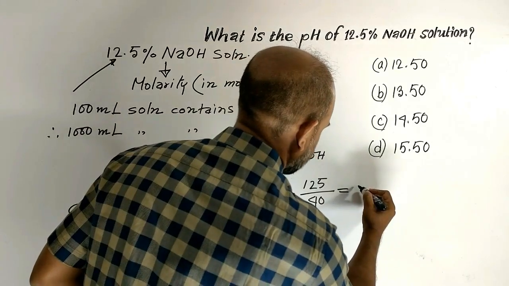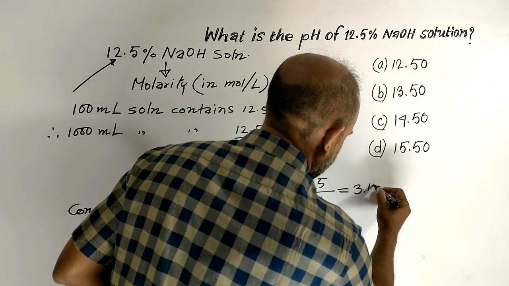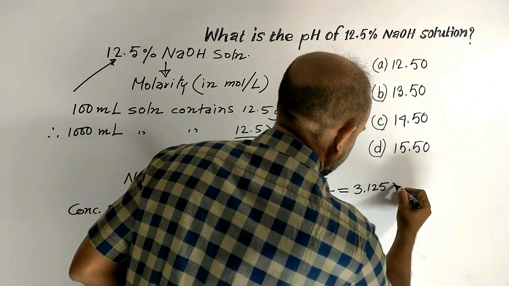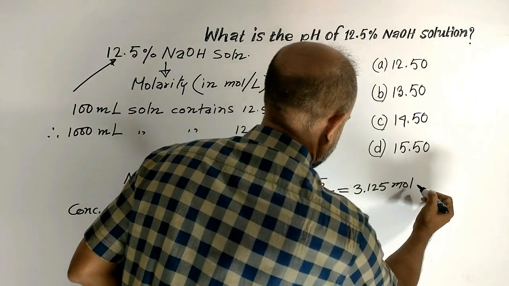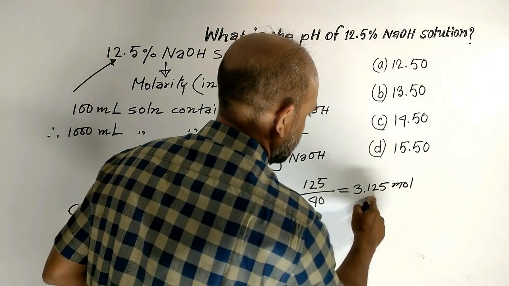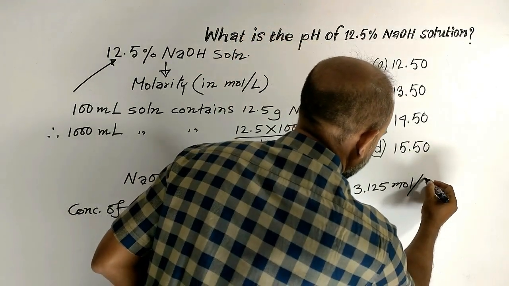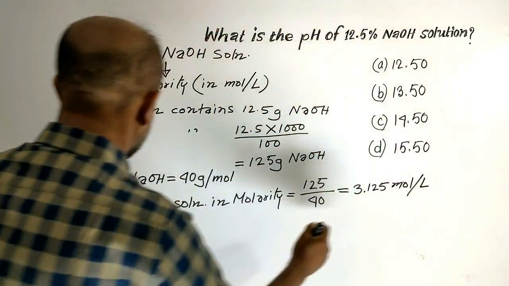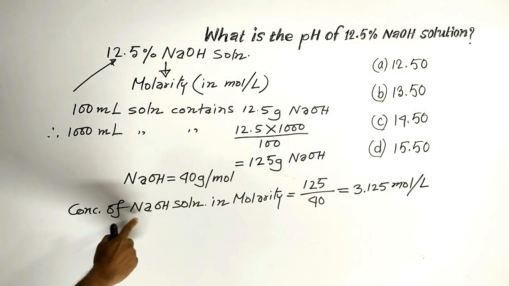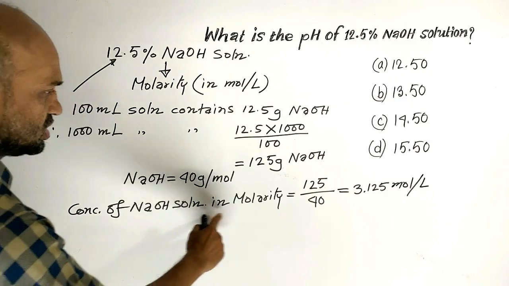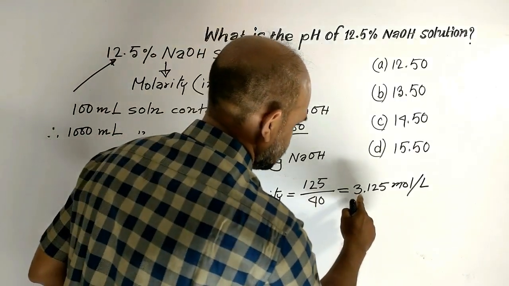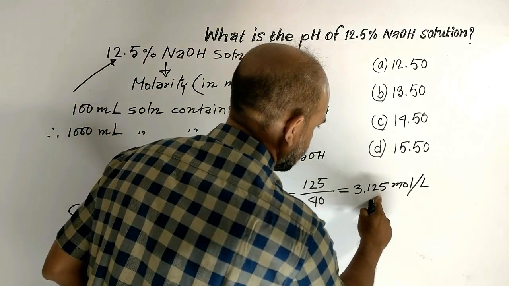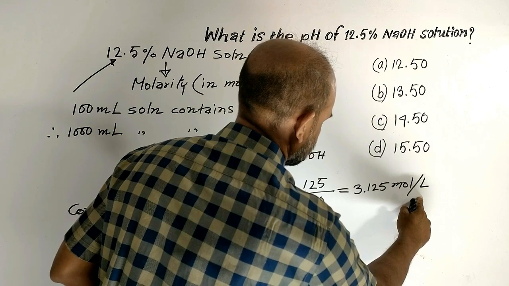This is 3.125 mole per liter. Concentration of sodium hydroxide solution in molarity. This is 3.125 mole per liter.